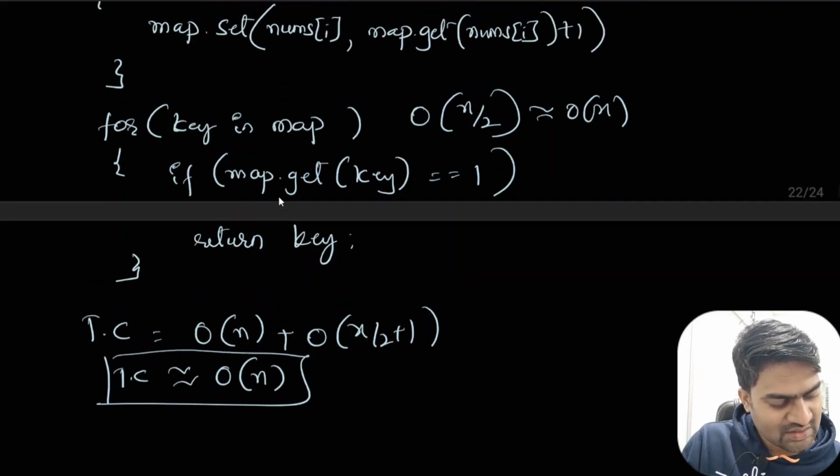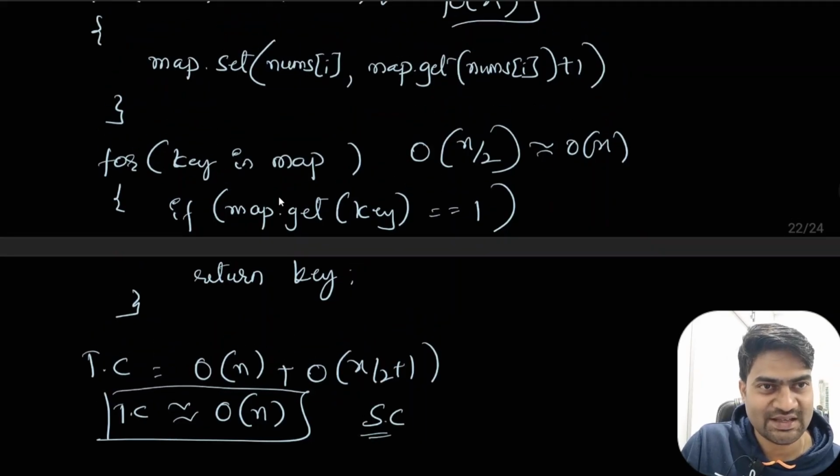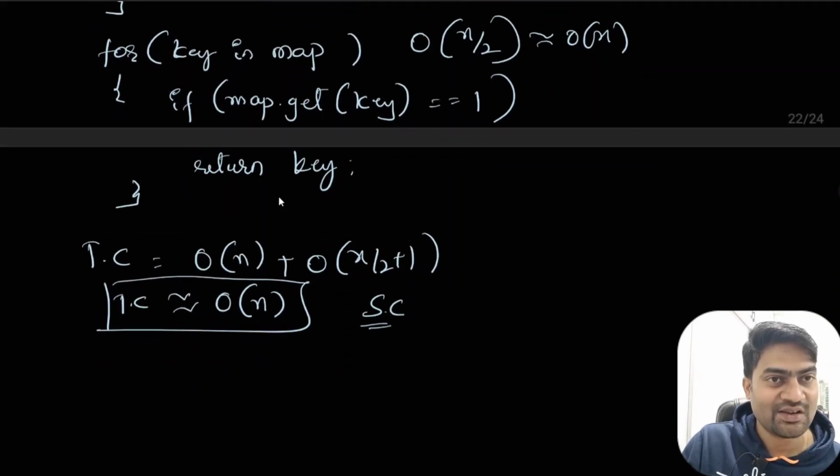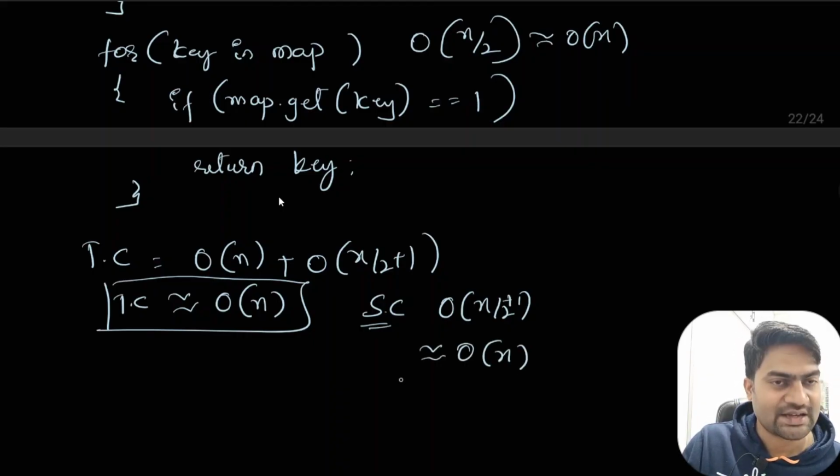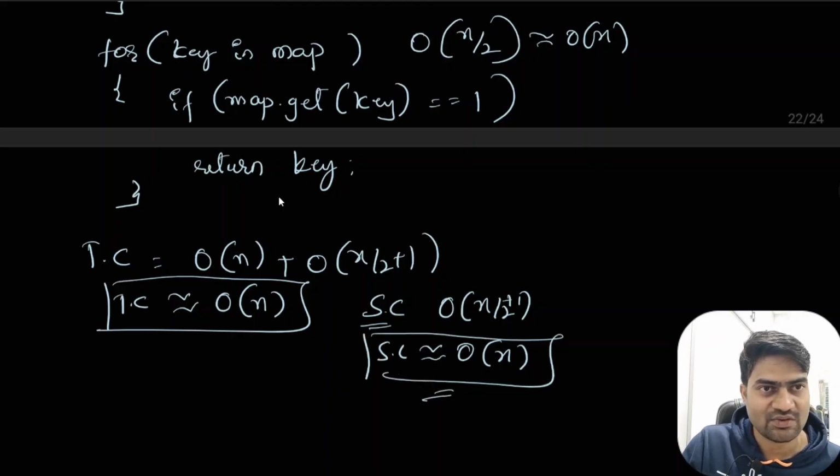But what about the space complexity? We are using a map, right? So the map will occupy extra space, which is of order n by 2. Not in the worst case, in most cases, n by 2 plus 1, which is close to order of n. So space complexity is order n for this solution.